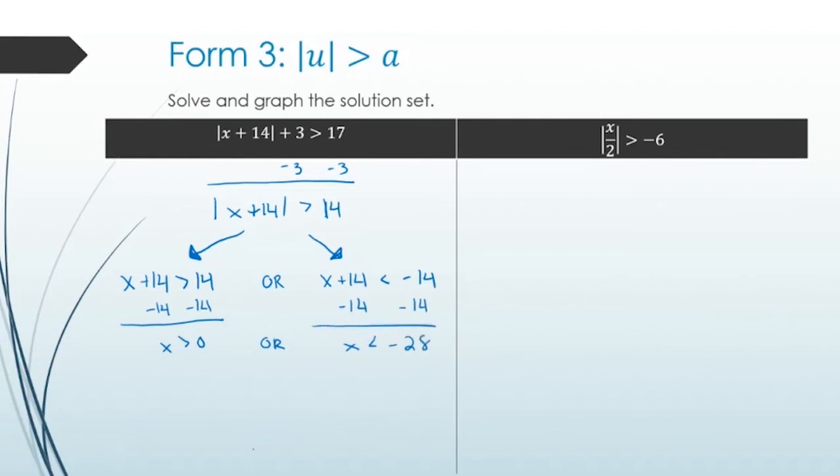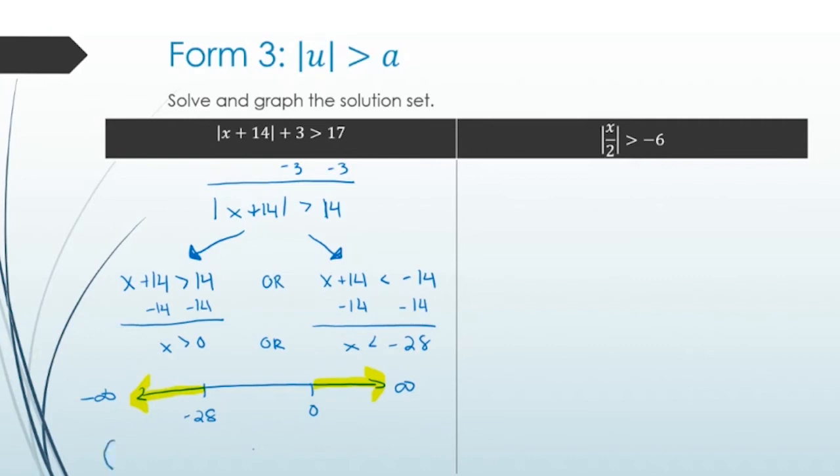So now when I graph, let's take a look at what this means. I'm going to put negative 28 on here and 0. So x is greater than 0, so that's to the right of 0. Or x is less than negative 28, so that's to the left of negative 28. So we have two separate sections here that are solutions, and we combine these using the union symbol.